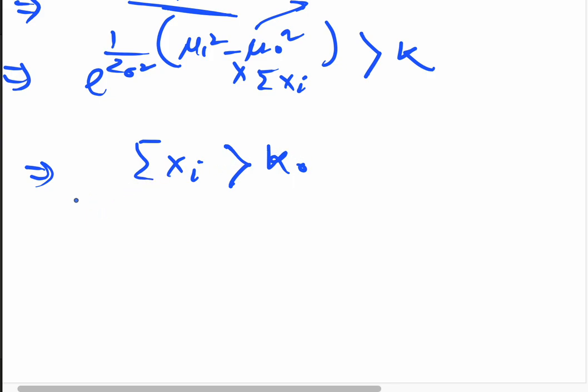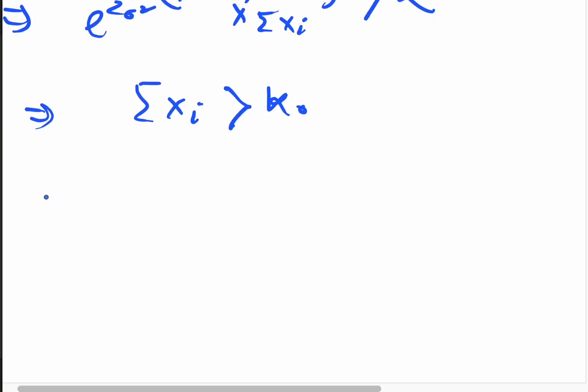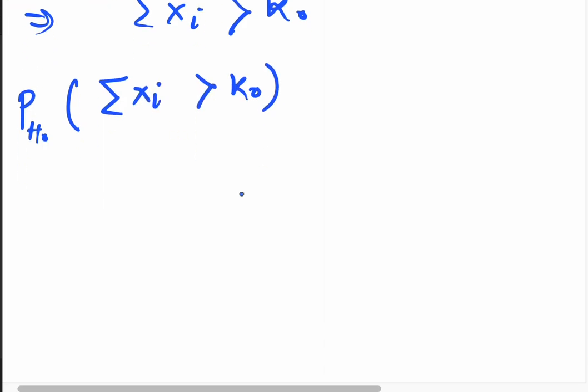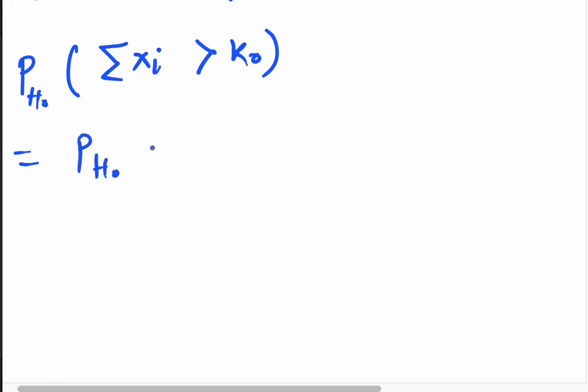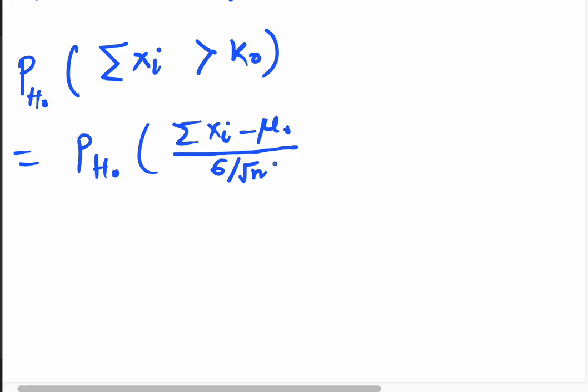Now, if it is true under the hypothesis H0, then we will reject the null hypothesis, so that is the type 1 error. Summation of xi greater than k0 you can write as P under H0 of summation of xi minus n mu0 by root n sigma greater than some other constant k0.